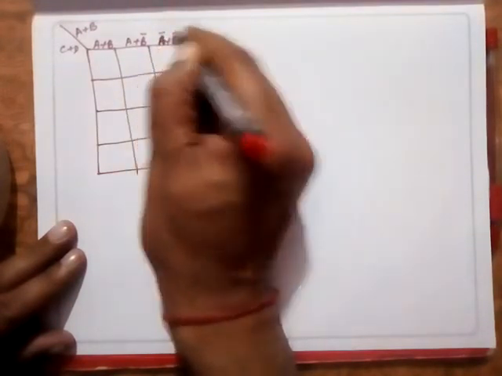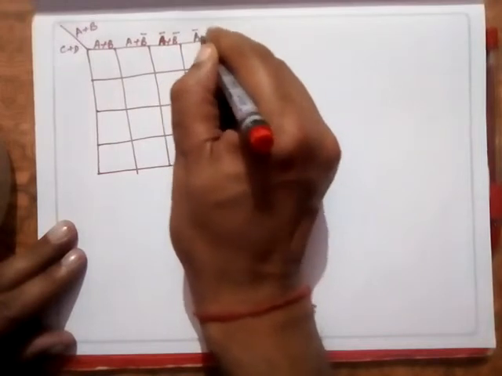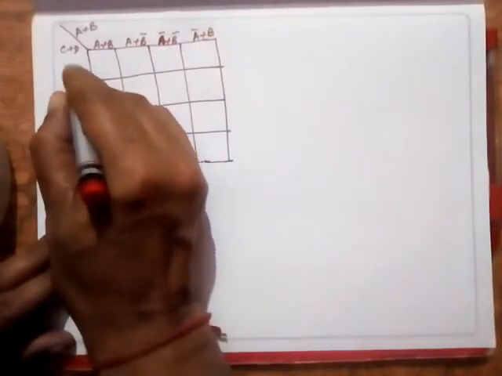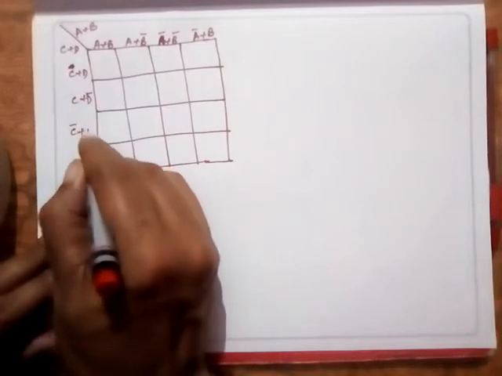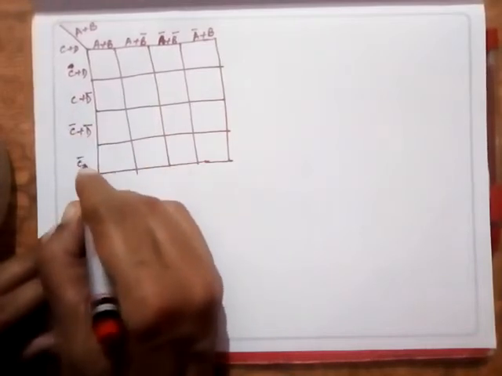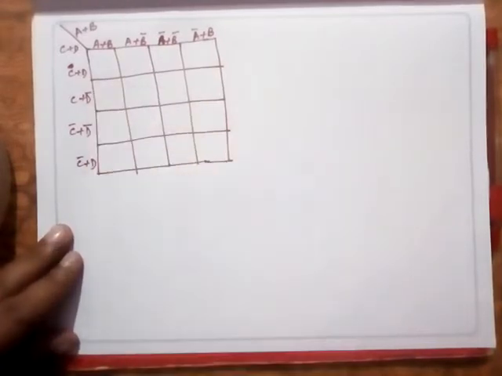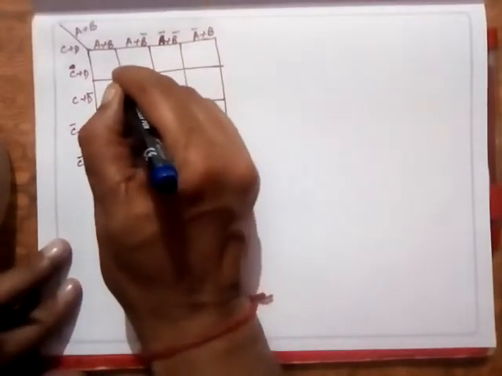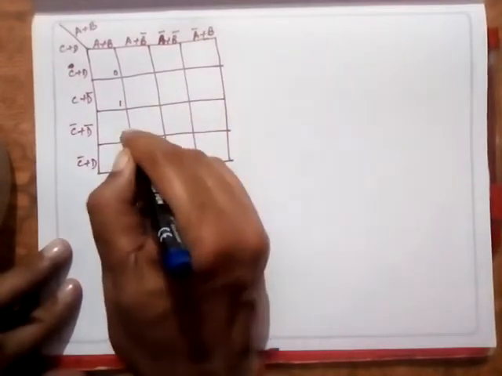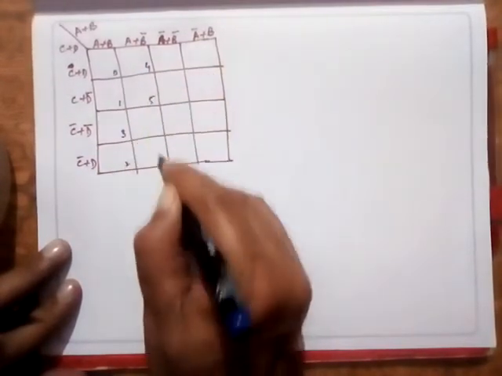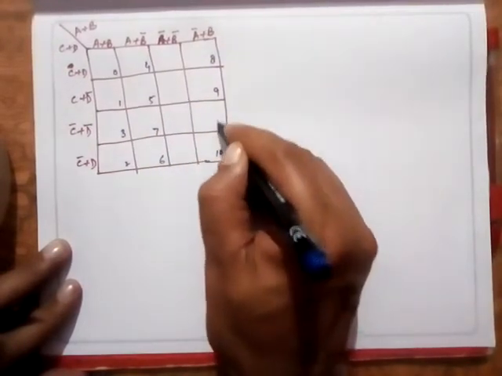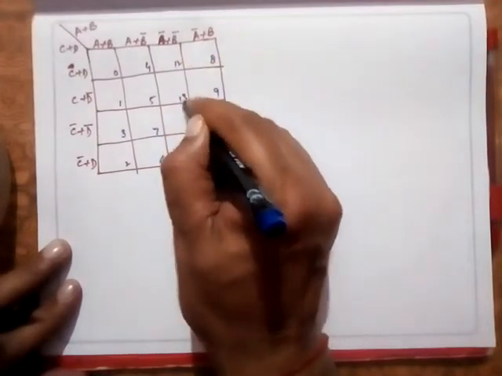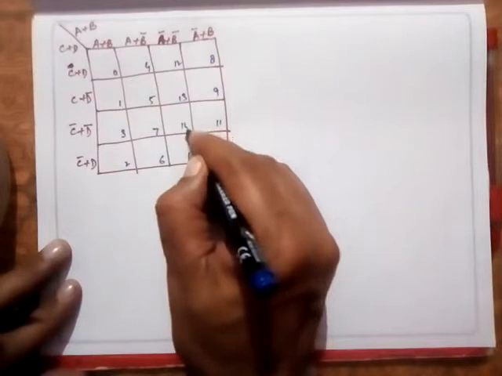This is A bar plus B bar, and this is A bar plus B. Similarly, this will be C plus D, C plus D bar, C bar plus D bar, and here it will be C bar plus D. I hope that this is clear to you. Decimal equivalent remains same as I told you. 0, 1, 2, 3, 4, 5, 6, 7, 8, 9, 10, 11, 12, 13, 14 and 15.